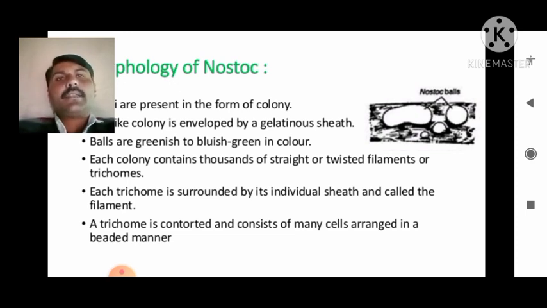This gelatinous sheath helps to maintain the colonization. Numbers of threads are aggregated and they live in a colony.